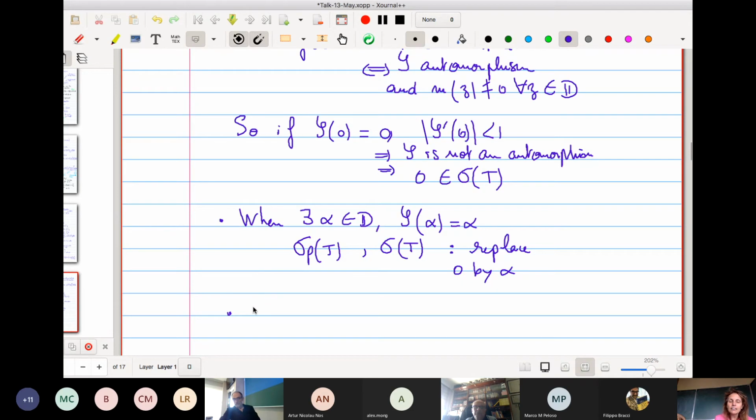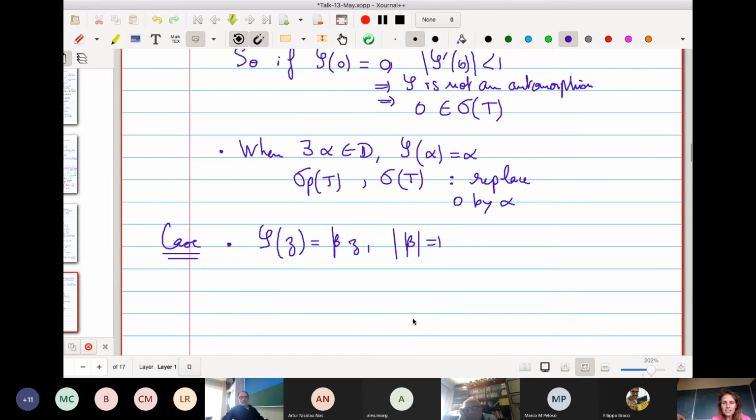Okay, and so maybe a few words about the case of a rotation. What happens when phi is a rotation? This case is much more complicated than expected because it really depends on the nature of beta.